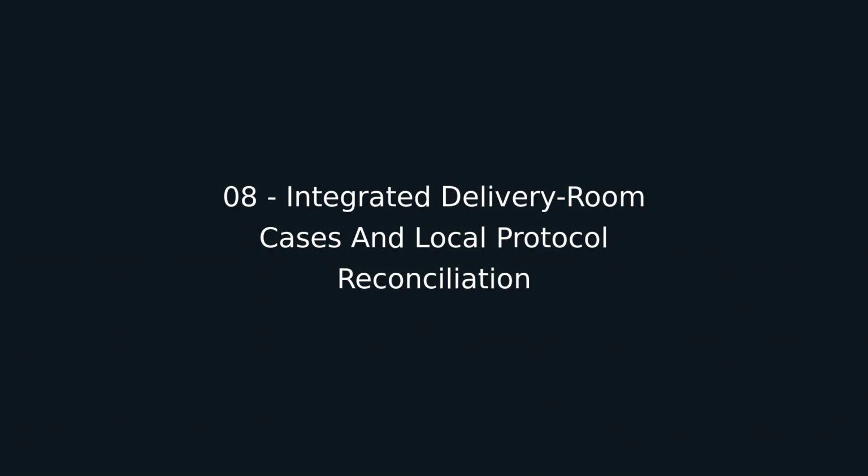Layer 5, mechanics. What are station, position, caput, molding, estimated fetal weight, pelvic adequacy, and rotation? Before operative vaginal delivery, every prerequisite must be real, and the stopping rule must be explicit.